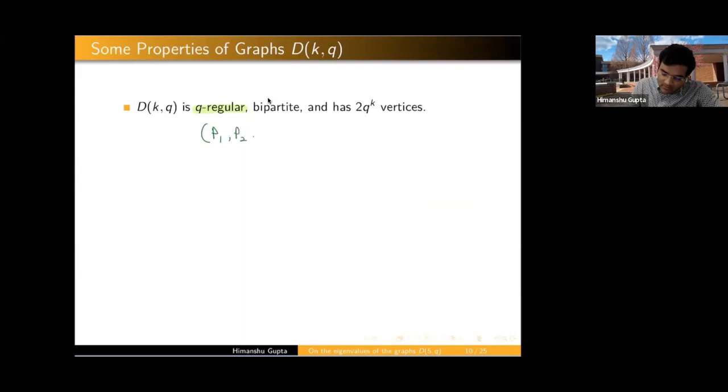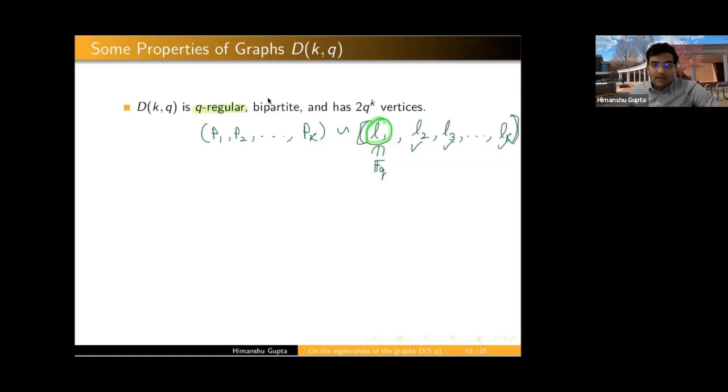If we start with p1, p2 up to pk, and if I take l1 to be any point from F_q, then by the k minus 1 equations I had, I can determine l2, l3, dot dot dot, lk. So all of those I can determine if I start with some l1. I vary the l1s and there are q choices for that. That basically means that these graphs are q-regular.